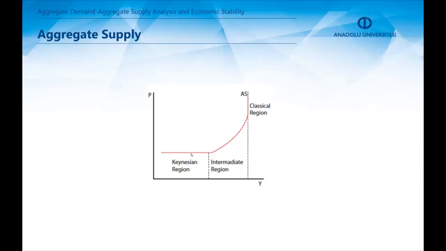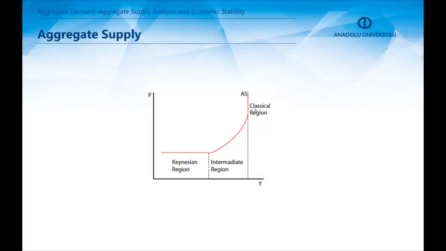Keynesian economists say that there is always idle capacity in the economy. It means idle capital and labor. So when there is an increase in aggregate demand, firms respond by increasing production. There is no price effect. Sticky prices. The other approach, the classical approach, says that the economy always works at full capacity.